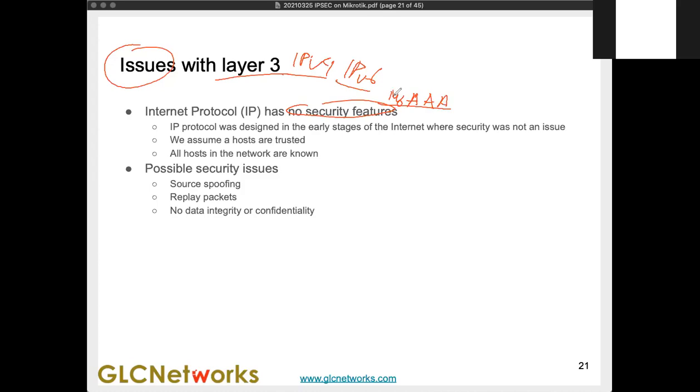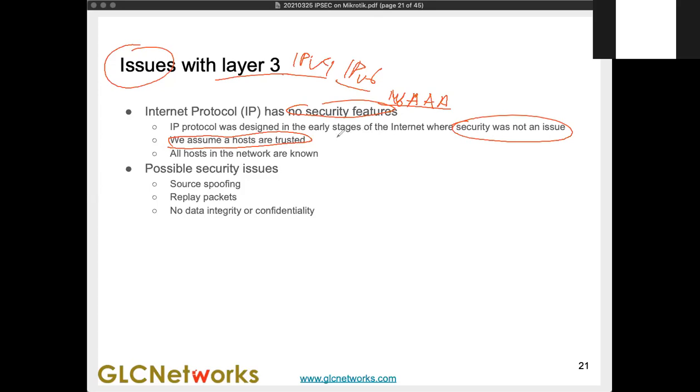IP was designed in an early stage where security was not an issue, so we assumed all hosts are trusted. Like BGP: I want to peer with you because I trust you. The internet is based on trust. If I don't trust you, I don't want to connect with you.